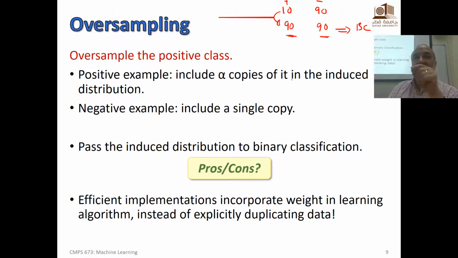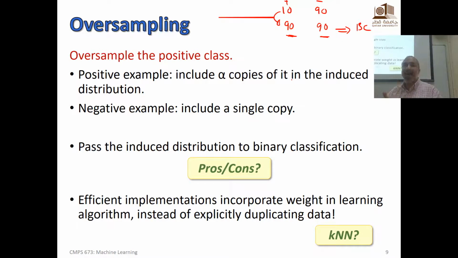And I can show you, we can discuss now one of the example models that we already studied, which is KNN. Let's think about KNN. How can we modify the KNN algorithm to do this without even copying the examples? We don't need to even copy every positive example.